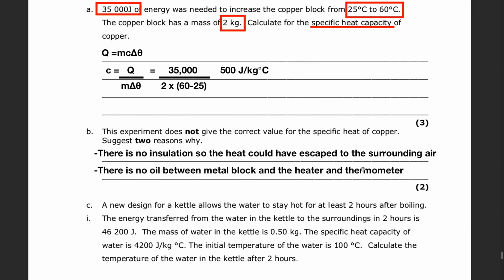If this oil is not used, then there will be air instead, and as you know, air is an insulator. So it would prevent the transmission of heat between the heater and the metal block, and also between the metal block and the thermometer. So you would not be able to read the temperature correctly.